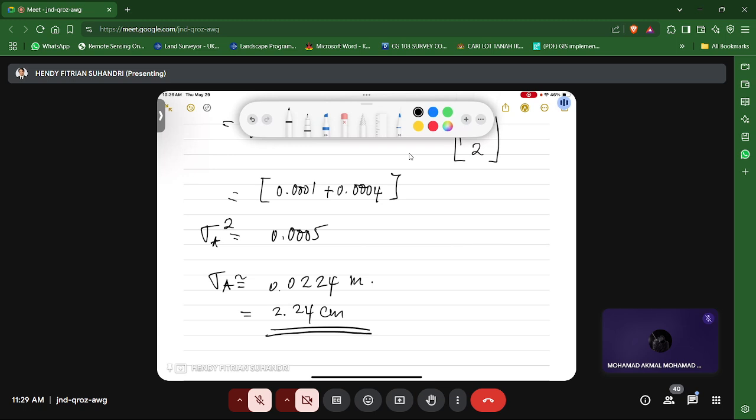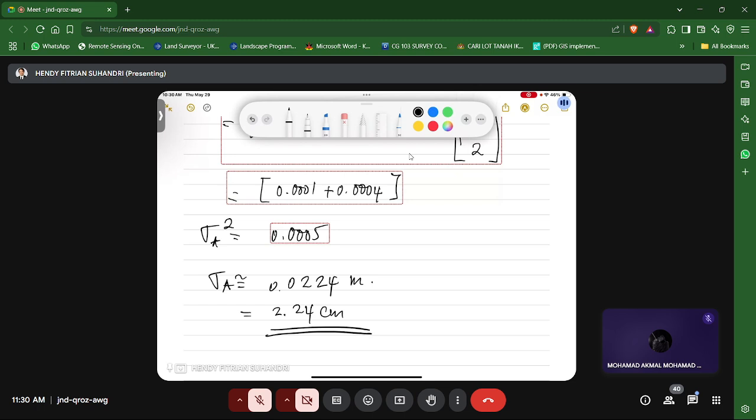So this is the standard deviation of area. If we have 1 cm standard deviation in P and 1 cm standard deviation in L, so more or less for our calculation of the area, we get 2.24 cm standard deviation.